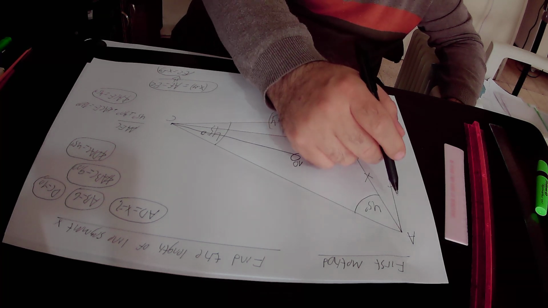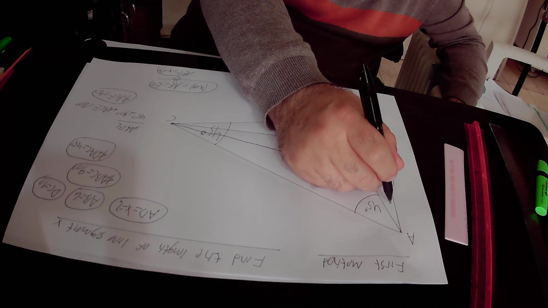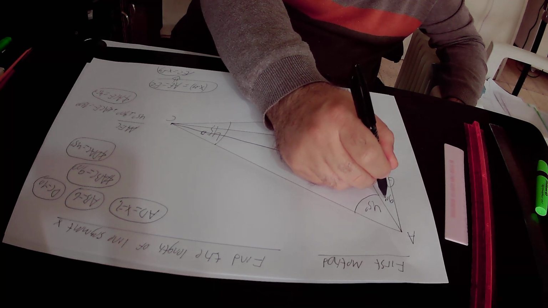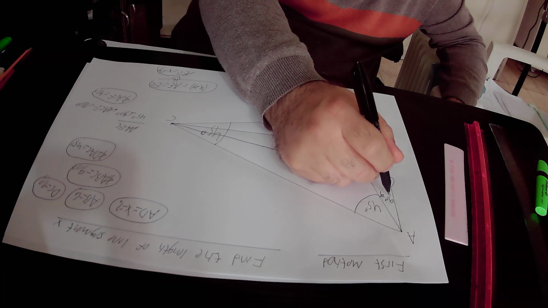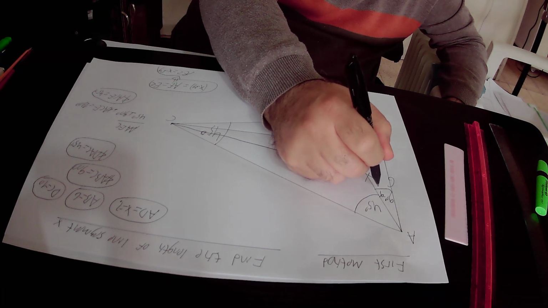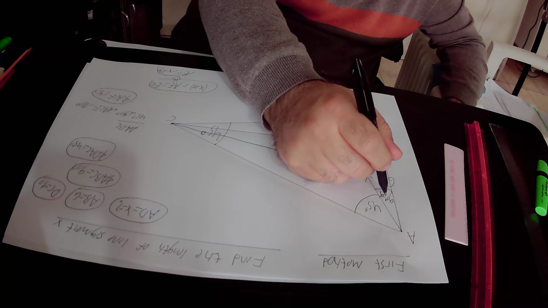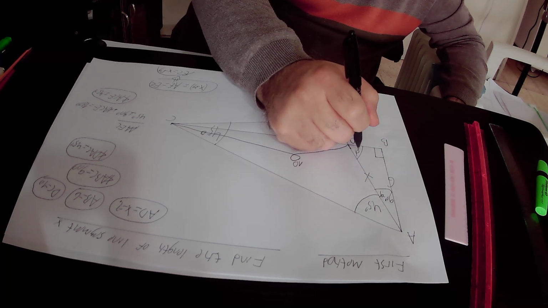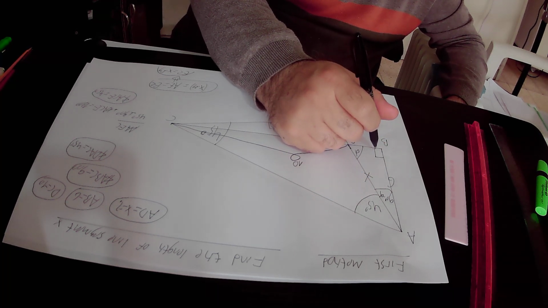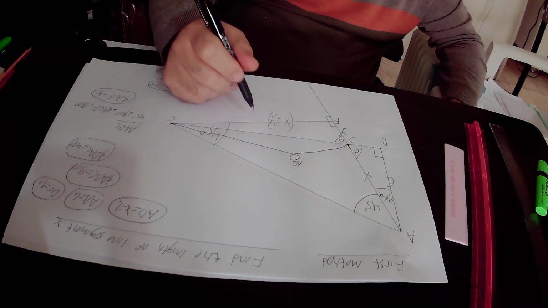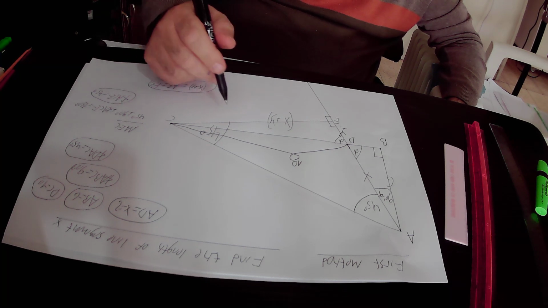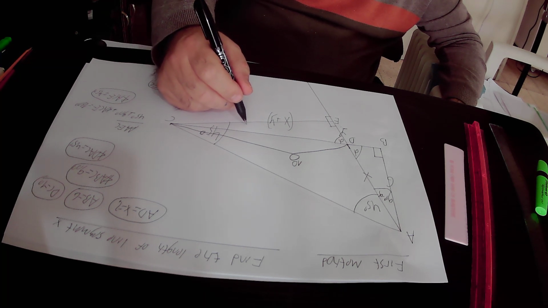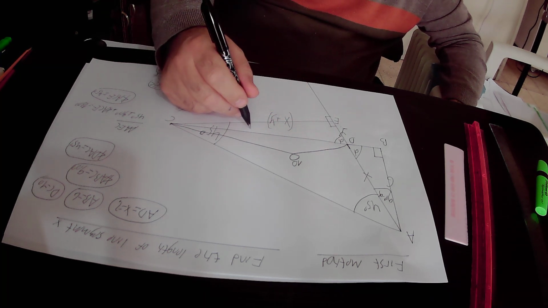So this angle BAD must be equal to 90 degrees minus alpha in order to complete the sum of the angles in triangle ABD to 180 degrees. Here we get that 90 degrees minus alpha plus alpha is 90 degrees, and 90 degrees plus 90 degrees is 180 degrees. Likewise, for the same reason, in the right triangle DEC, this angle equals alpha, so this angle must be equal to 90 degrees minus alpha.